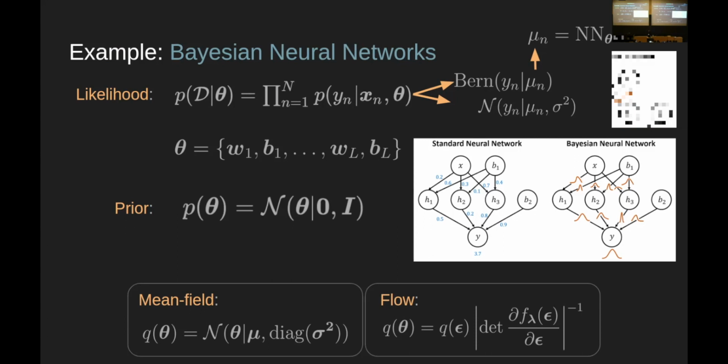It's not clear what it's optimizing for. It's kind of a heuristic approach to get a reasonable approximation of the uncertainty. But it's less obvious how you would extend that to flows or something like that.